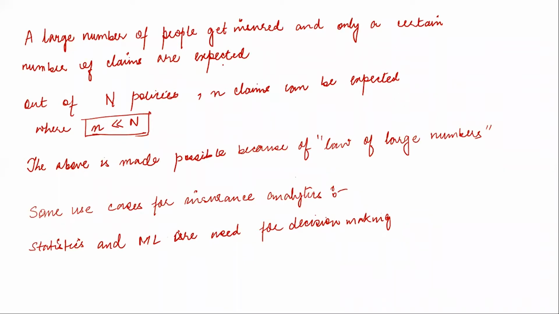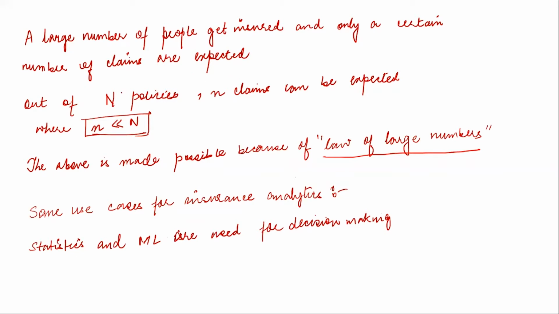There's a mathematical law in action in the insurance domain. It's called the law of large numbers. They will insure a large number of people, and only a certain number of claims can be expected from them.